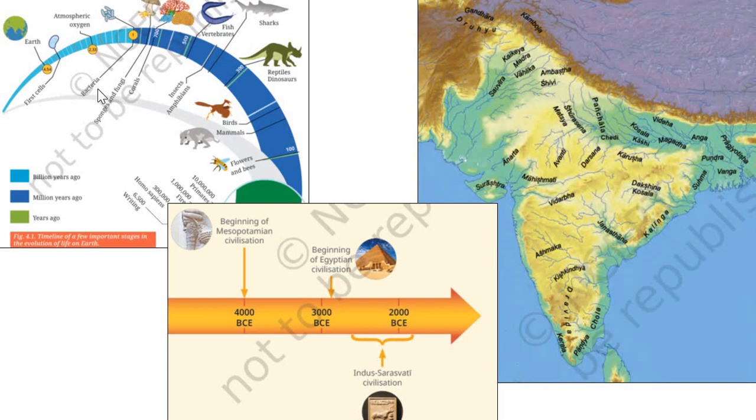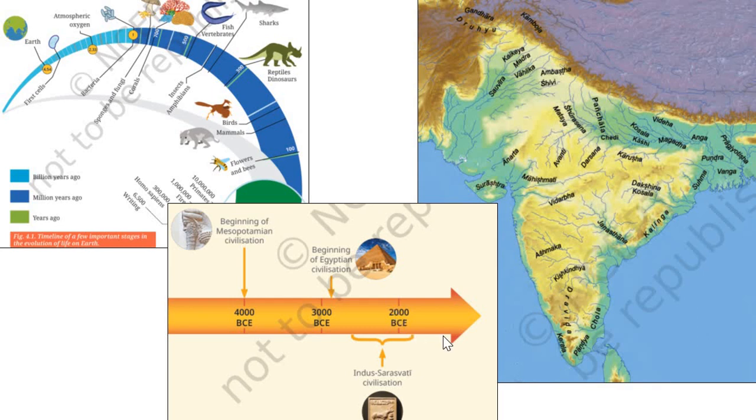Here you can see a timeline of the important stages in the evolution of life on Earth. And this is a map taken from Mahabharata. Again, this is the picture where you are able to see the timeline of the Indus-Saraswati civilization, previously often called Harappa civilization. Along with this, you get timelines of the Mesopotamian and the Egyptian civilizations as well.